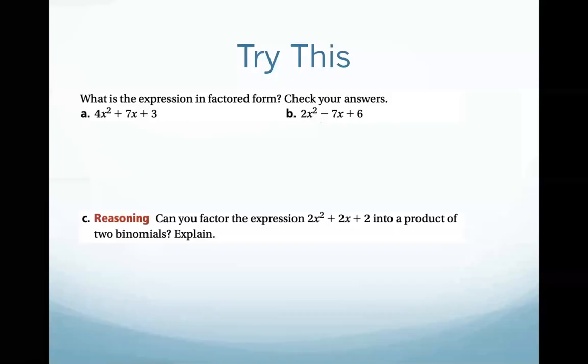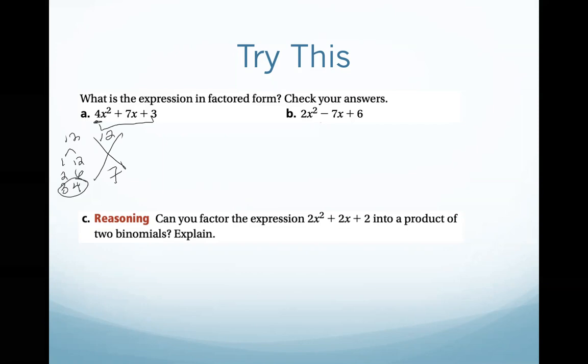All right, let's try part A. Because our leading term does not have a coefficient of 1, we're going to multiply 3 times 4 is 12 and adds to 7. Factors of 12: 1 and 12, 2 and 6, 3 and 4.